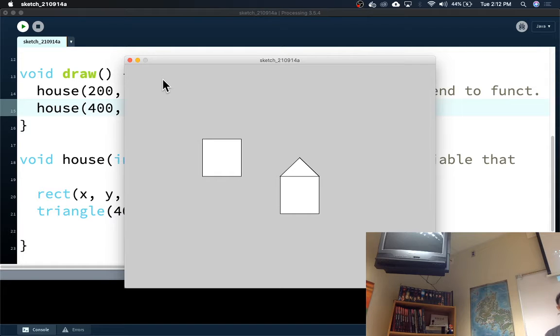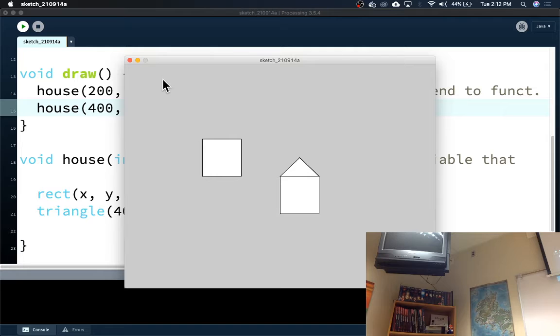So what will be the coordinates? This will be the coordinate of one of the triangle points. What will this coordinate be now? If that's x and y, what's that going to be? Let's start with this one here. This one's probably the easier of the two, but they're both about the same. Thanks, Willie. Yeah, we can say the x coordinate is going to be whatever this one is, plus 100.